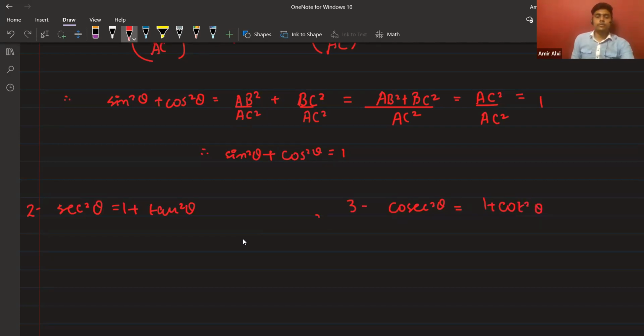These are the three identities which you are going to use in this topic, or you can say the whole trigonometric chapter's questions are based on them.